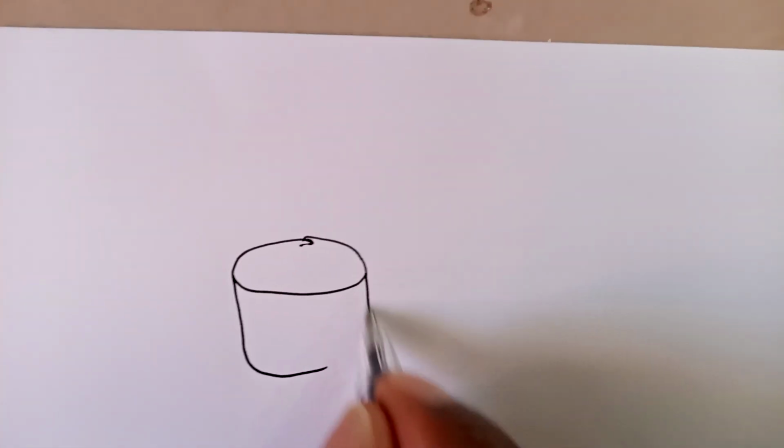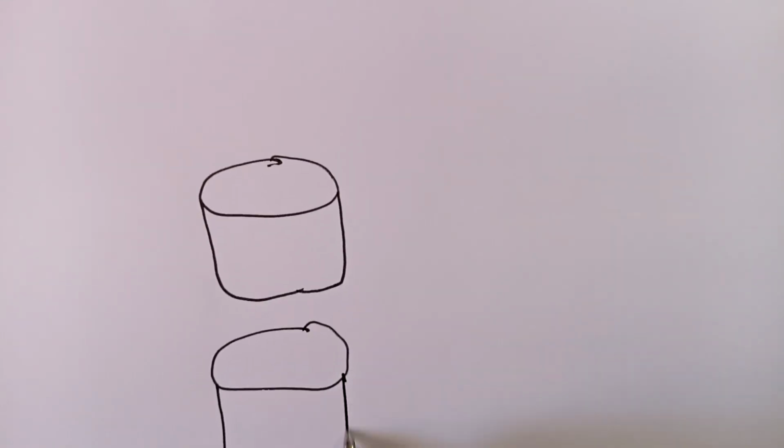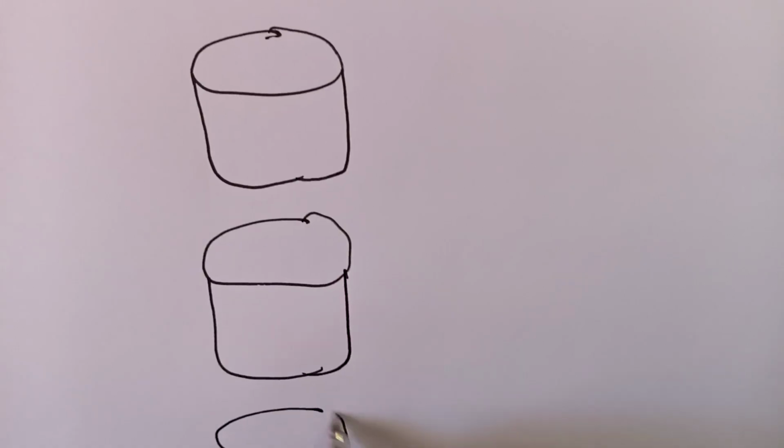So this means we have 3 baskets and we have 4 balls. Assume this is my first basket, I have my second basket, and I have my third basket.